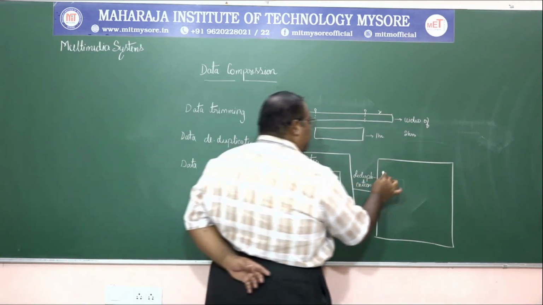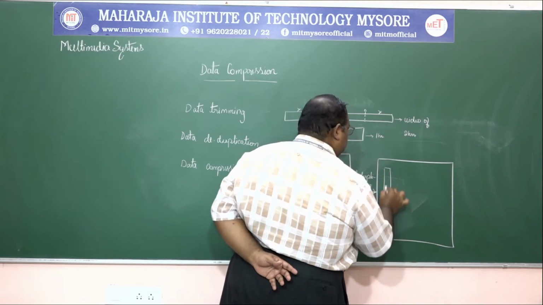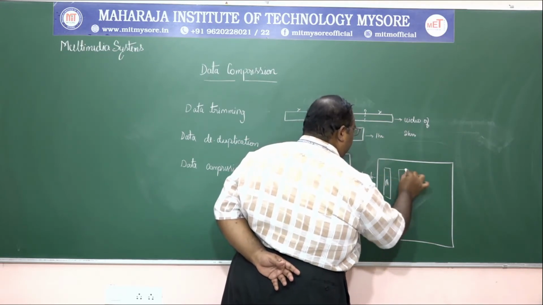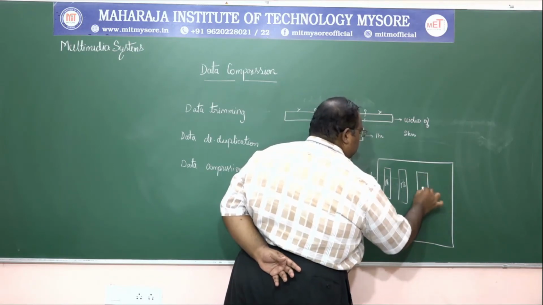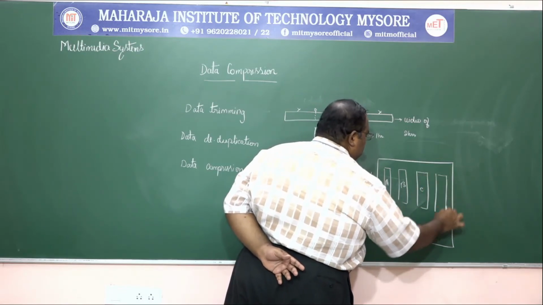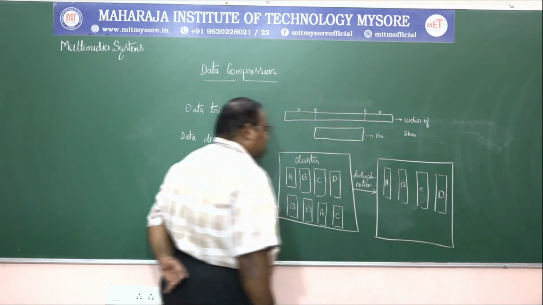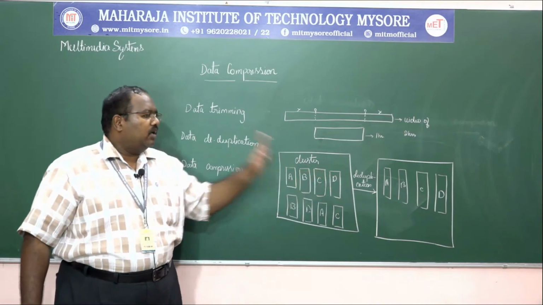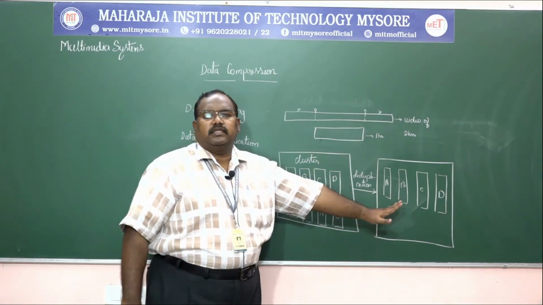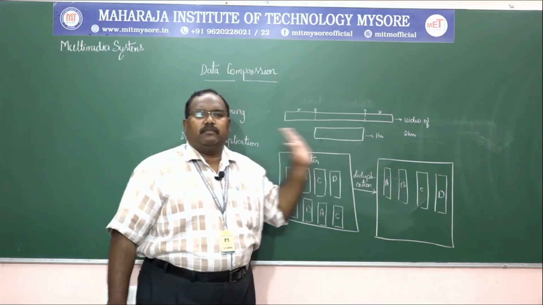So A, B, C, D is there. A, B, C, D. So again B, D, A, C is the same thing. So what do I do? I don't duplicate those things. I retain the same thing.